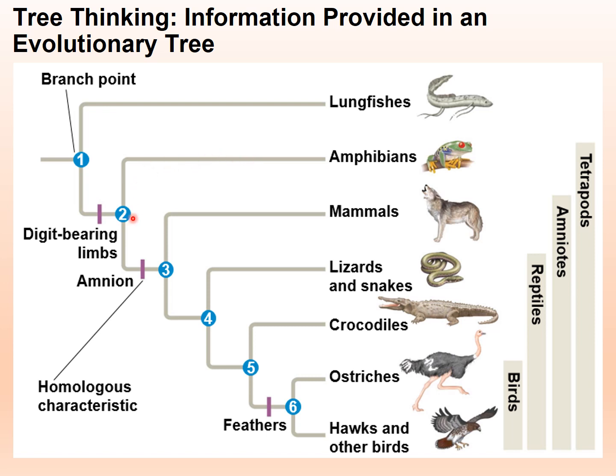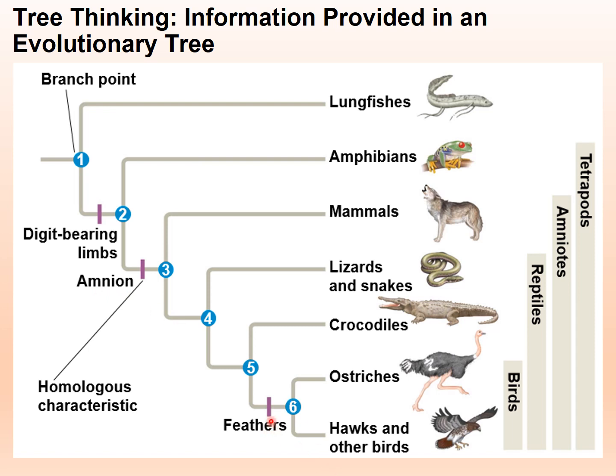But anyway, let's say that all of these organisms that follow digit-bearing limbs on the tree have digit-bearing limbs. They may not, though. We have lizards and snakes that do not have digit-bearing limbs, but we'll refer to that at some point later on. So this would be a homologous trait for all of these organisms that follow it.